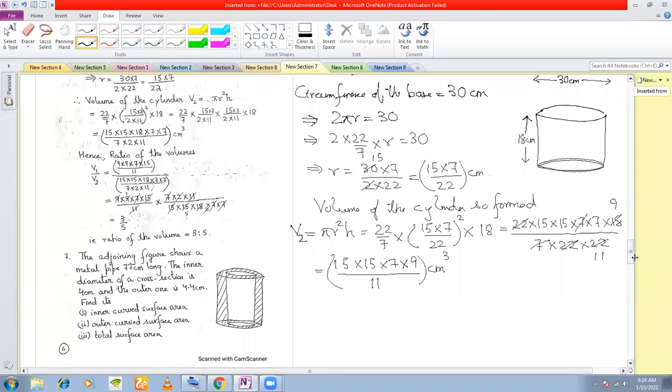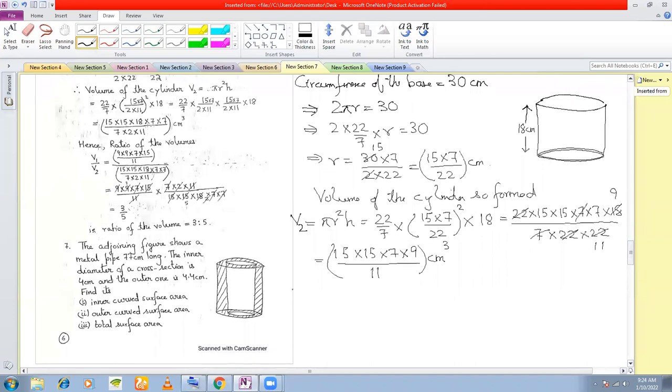Okay, in this case, the ratio of the volume will be V1 by V2. You can put the value of V1, which we had got above, and V2, which we have got here.